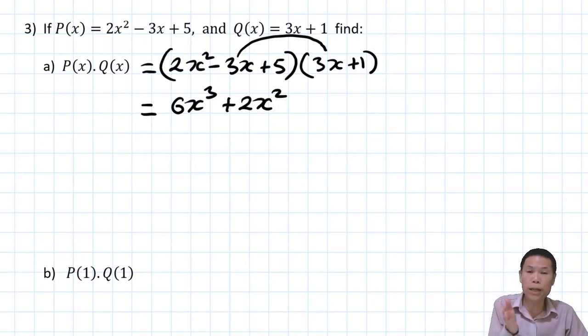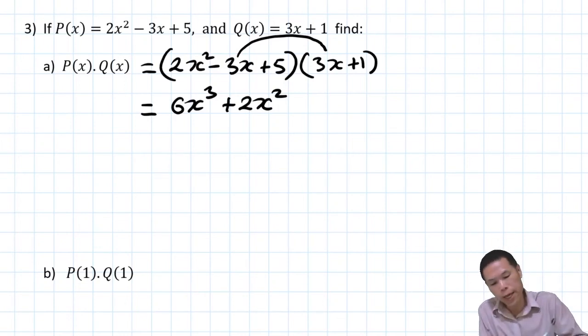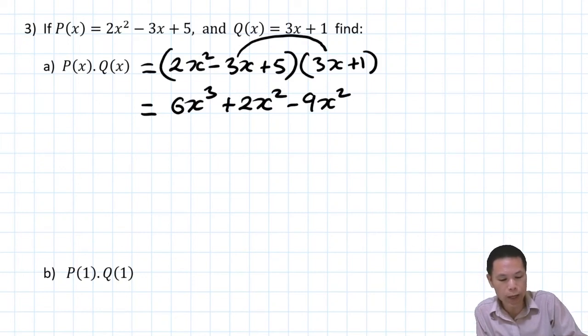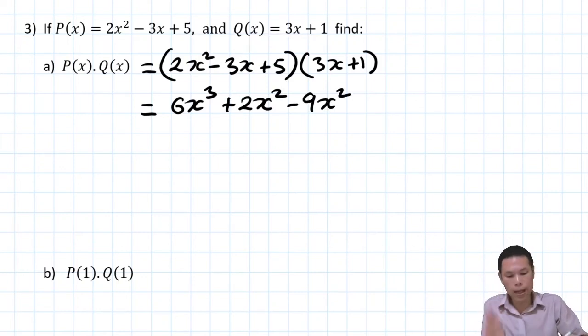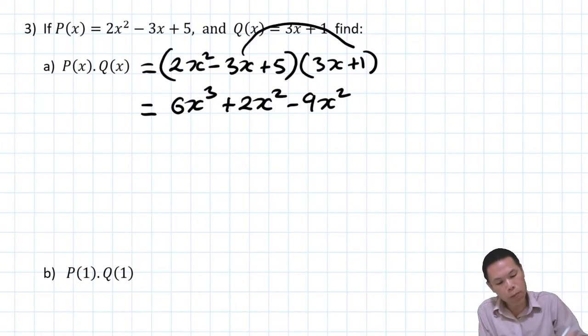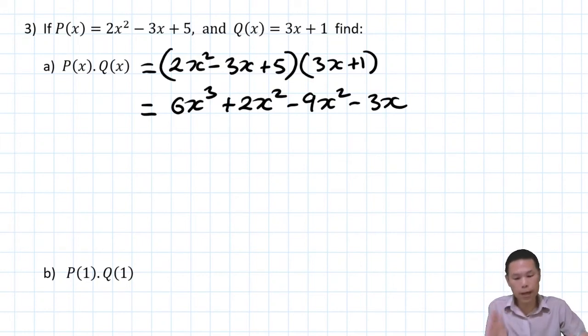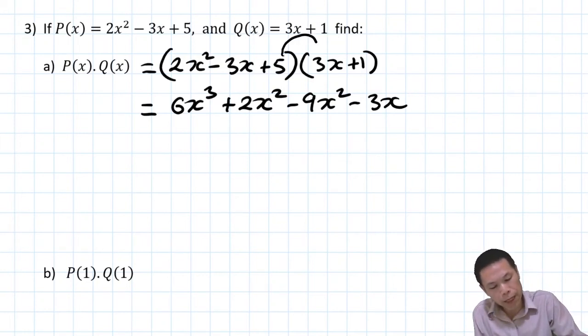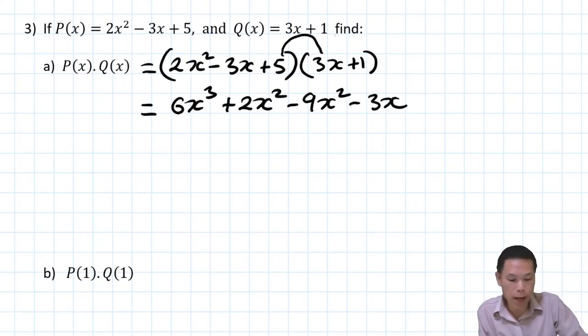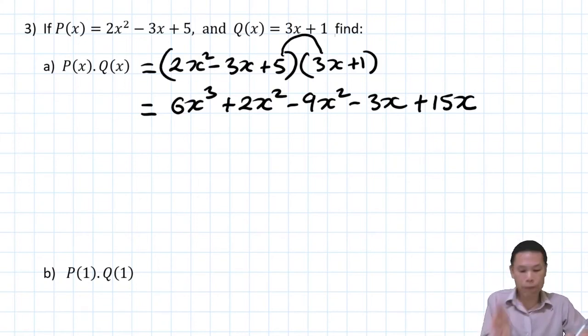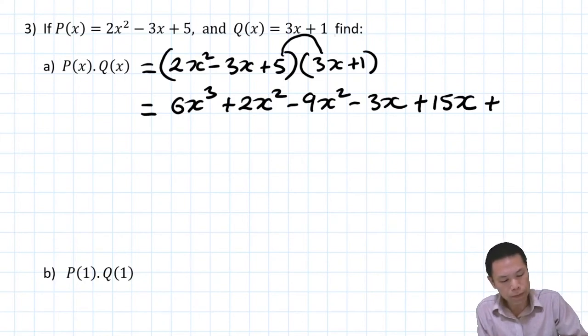So negative 3 times 3 is negative 9, and x times x is x squared. So minus 9x squared. And then minus 3x times 1 is negative 3x. So I just go minus 3x. And then we have 5 times 3 is 15, so 15x. I just write this down. And then 5 times 1 is 5.